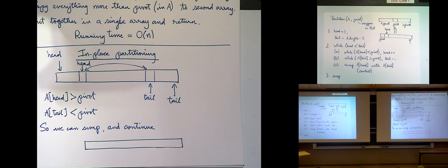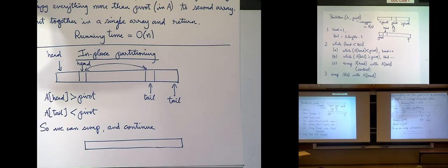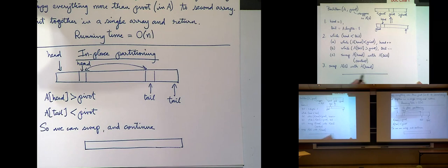Let me write something and then we'll see if this is correct, because I think I may have made a mistake here. We'll swap A0 with A of head. Is this going to be correct or not?